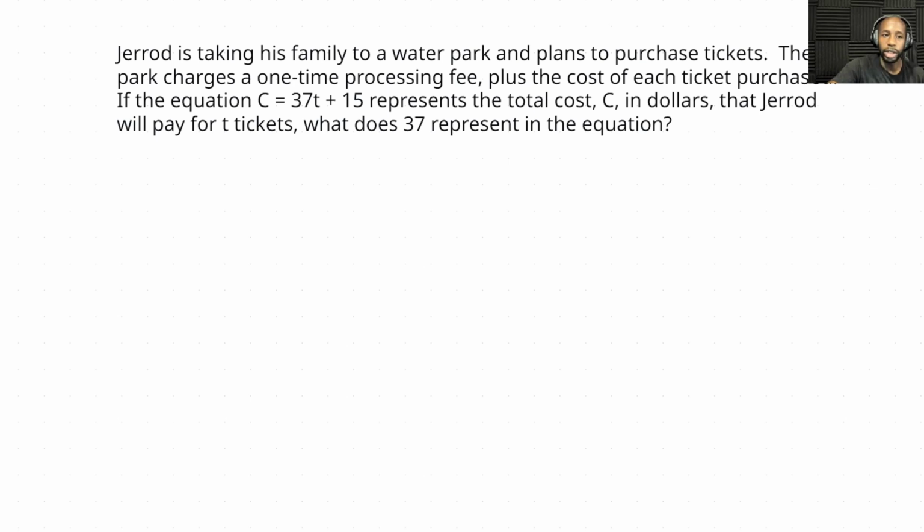Okay, all right, so this is a pretty easy one right here. So you got C, that is your cost, or I'll say specifically your total cost. T is the number of tickets. Now, when I first look at this equation here, I automatically think slope intercept.